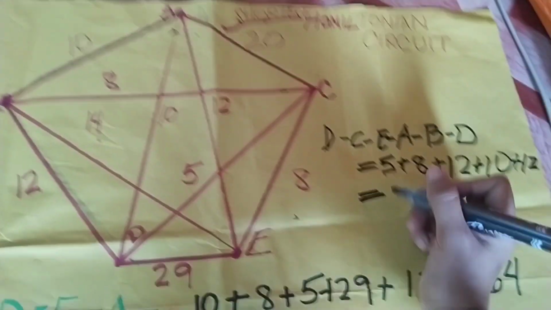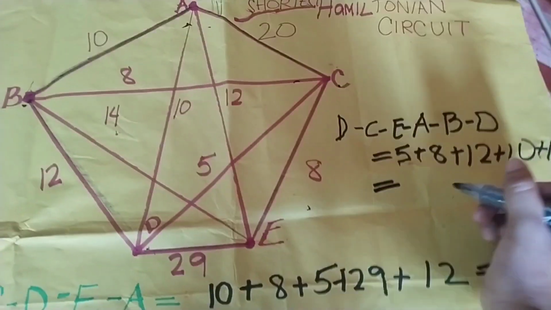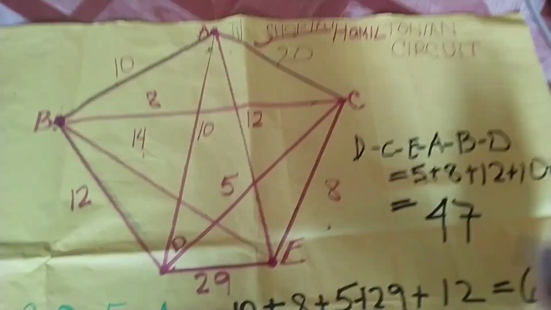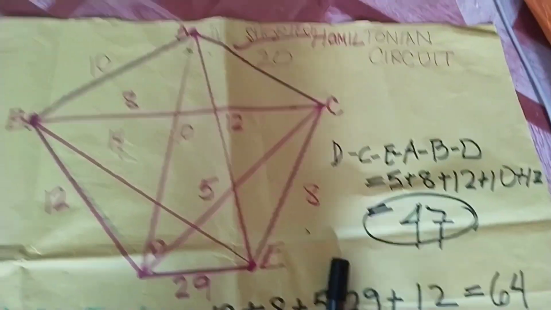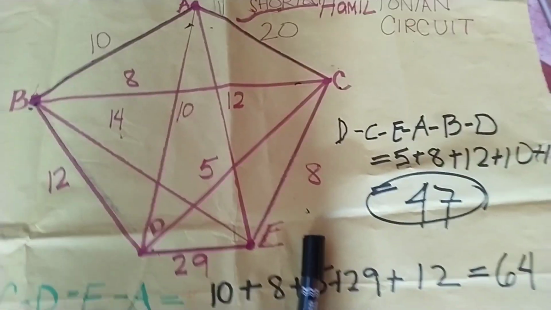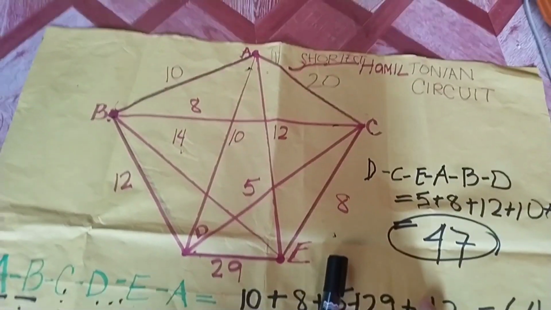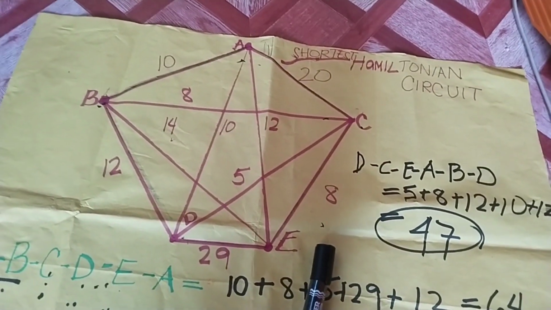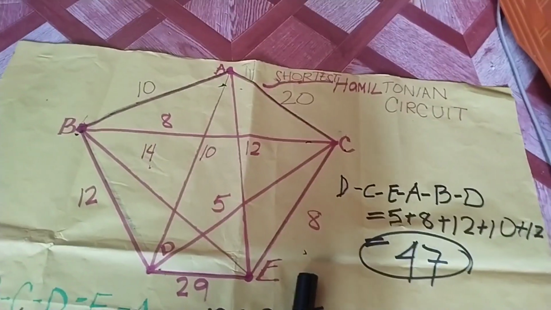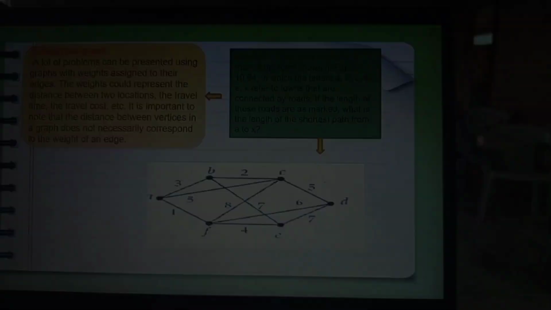And that's a total of 47. Now we have our shortest Hamiltonian circuit, which is equivalent to 47, out of the shortest edges that have not yet been chosen in our figure.